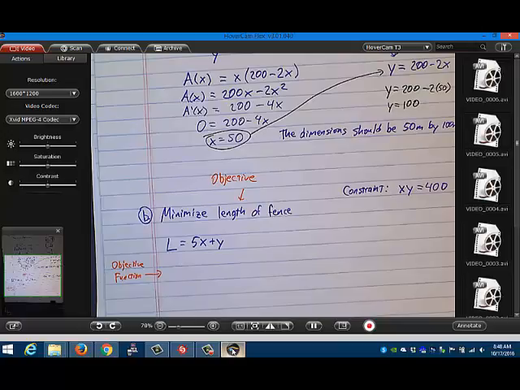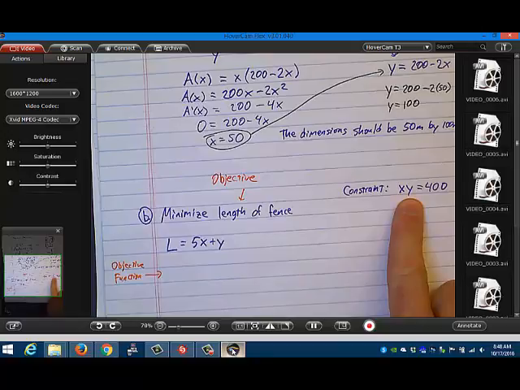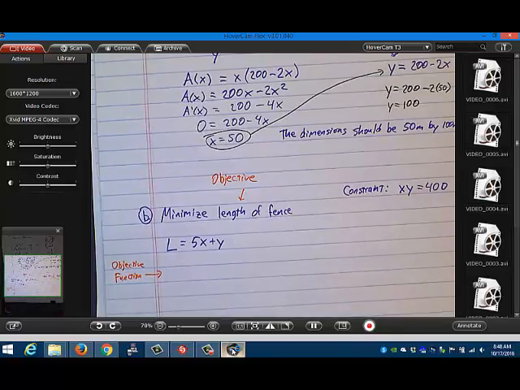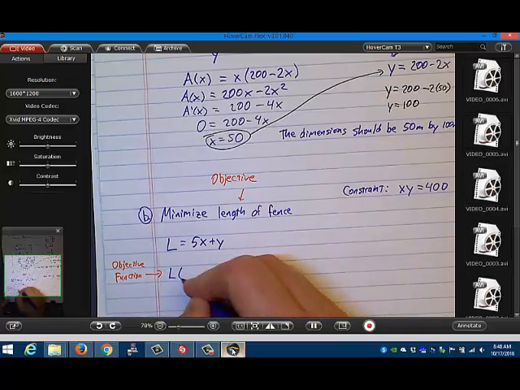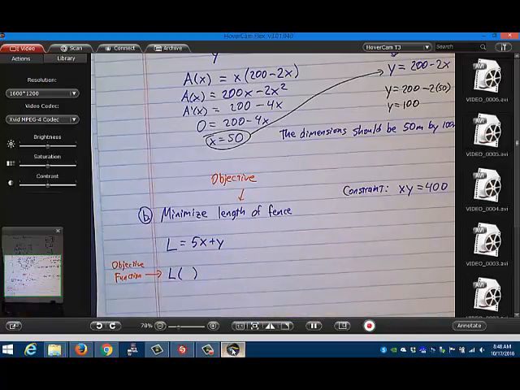But what we want to do now is do it with just one variable. So can I do that? Well, I have to use the constraint, right? So talk to each other about what to do next. What do you do with the constraint so that we can make L a function of a single variable so we can do some calculus on it? Talk to each other about that for just a minute.